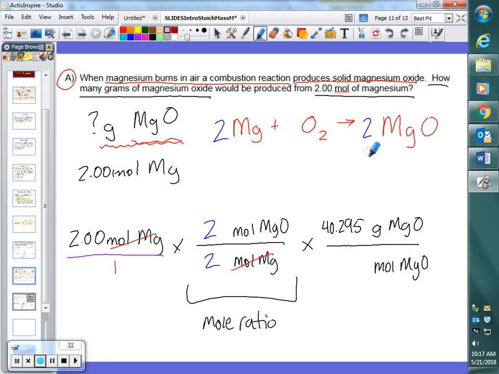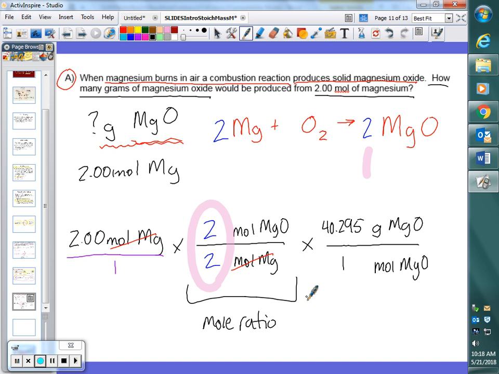It doesn't matter that there is a 2 coefficient in front of magnesium oxide in the balanced equation. That's what we use for the mole ratio. But when we're converting moles into grams using the molar mass, that's always on a 1 mole ratio.